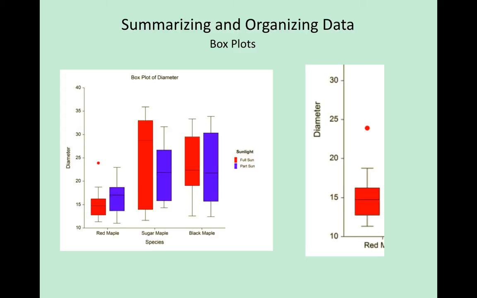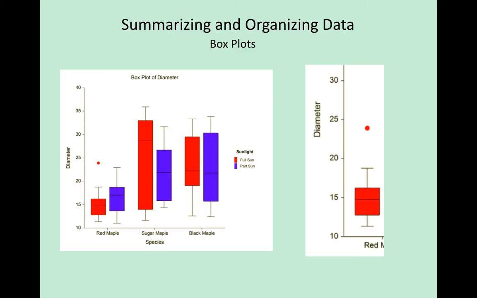If you look over to the right, you'll see one of those box plots isolated. And if you look carefully, the diameter of the trees in this sample are represented by the red box plot.